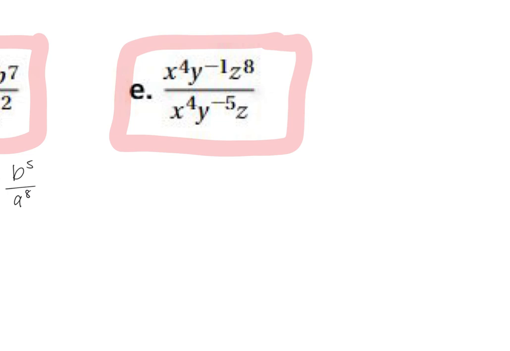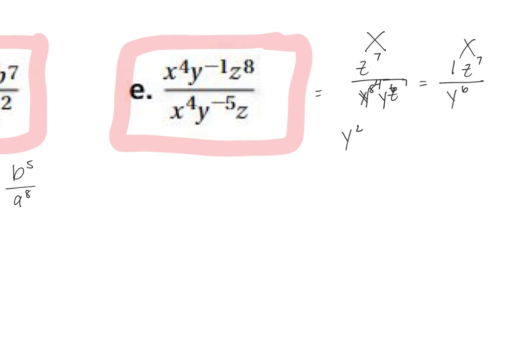Y to the 4th over Z to the what? Wait, no, not like that. Oh, they're both in the numerator. Y to the 4th, Z to the 7th. That I agree with. Did anyone else get that? What happened to x? Nicole, what happened to x?